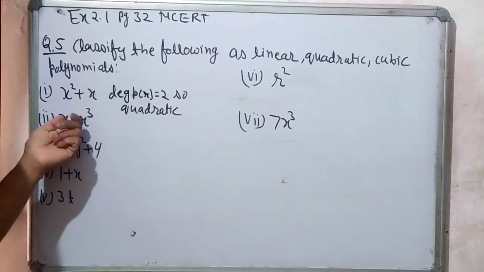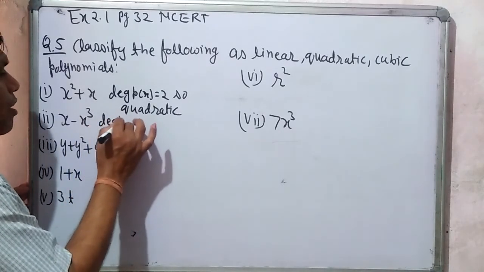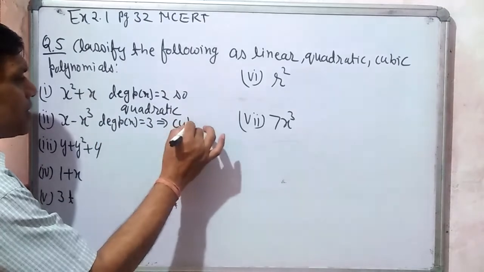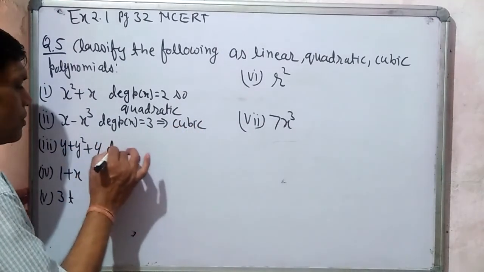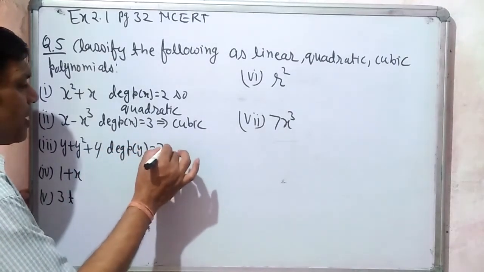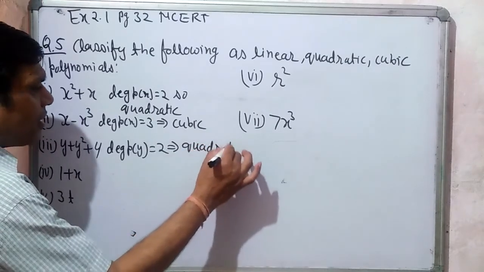What is the degree of the next polynomial? 3. So degree of p(x) is 3, which implies it is cubic. What is the degree of the third one? 2. So degree of the polynomial in y is 2, which implies it is quadratic.